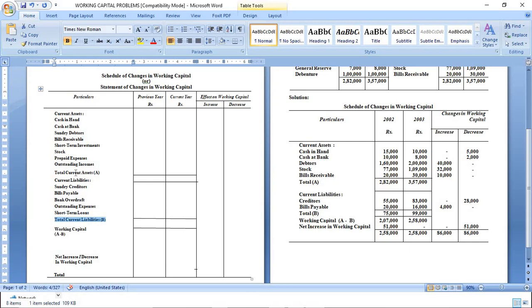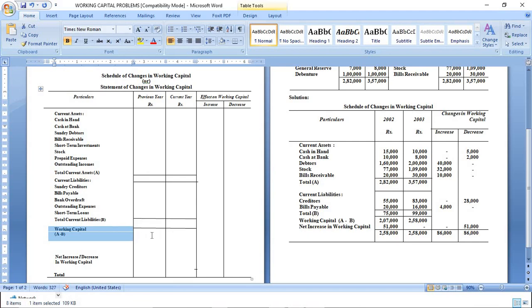As per the formula, working capital can be calculated as current assets minus current liabilities, that is, A minus B. Whatever amount comes, we write here. Then we find the net increase or decrease in working capital, whether it is increasing or decreasing, by taking the difference between the previous year and the current year.